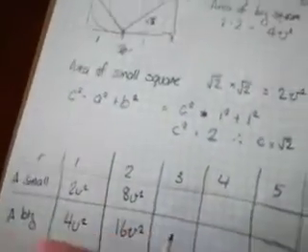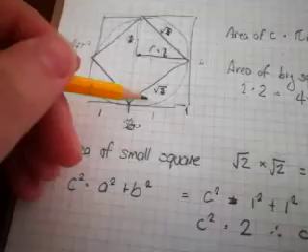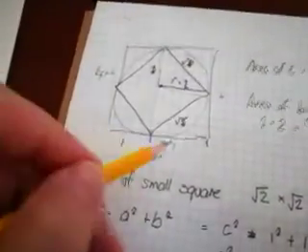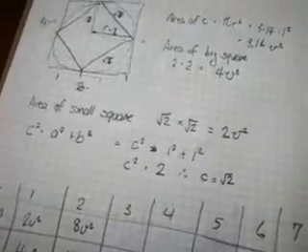So 6 times 6 is 36 units squared. If it was 4, that would be 8 times 8, which is 64 units squared. If it was 5, that's 10 times 10 is 100 units squared.